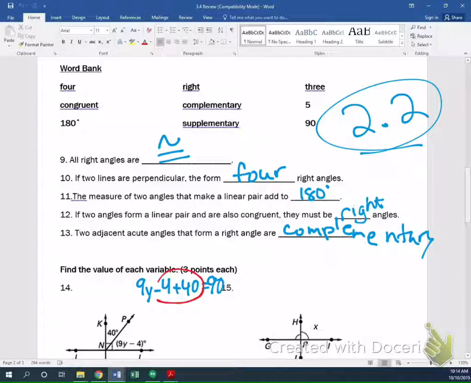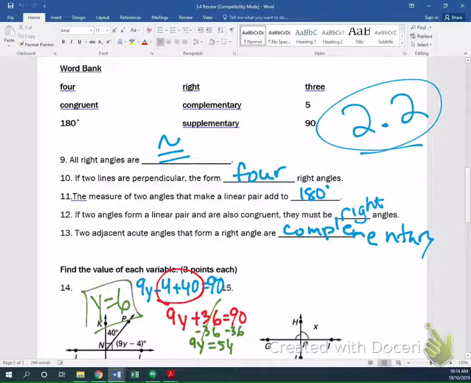A -4 plus 40 is positive 36. Subtract 36 from both sides, and you get 54. So what does y equal? What's 54 divided by 9? 6. Good. Okay, so that's number 14.